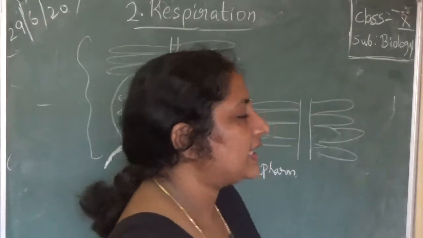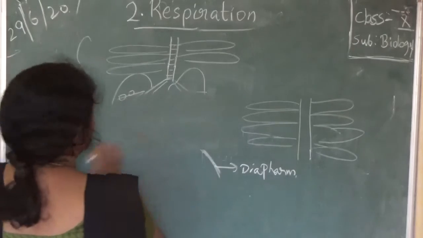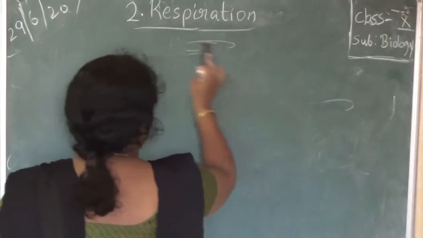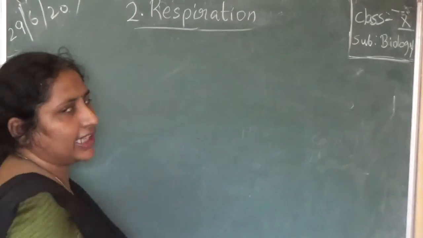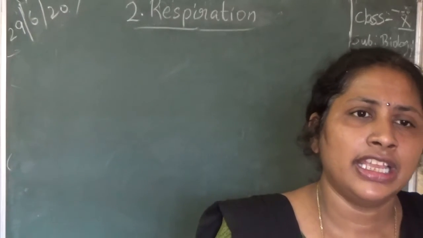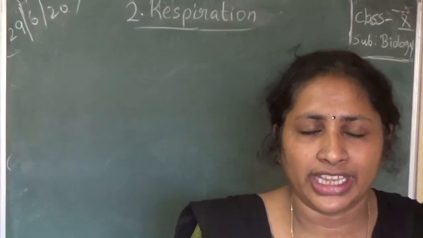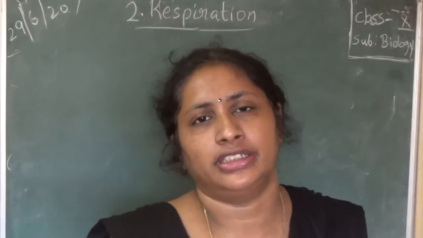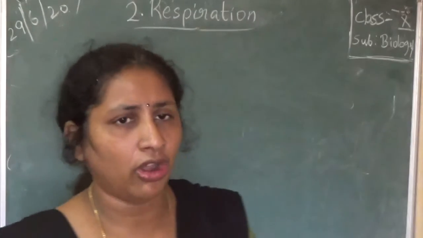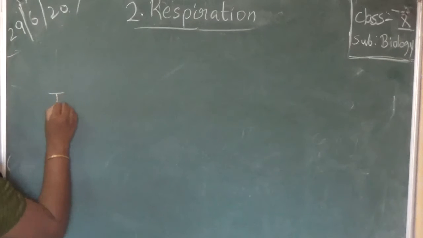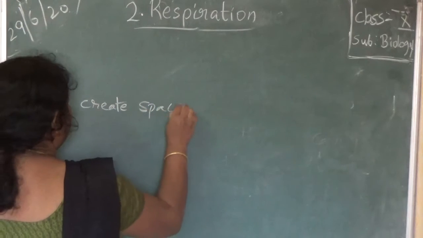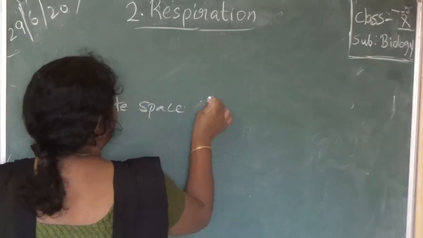Now I said that the two lungs are of different sizes. The right lung is somewhat larger than the left lung, a very minute difference. Why? Because to create space for a very important organ.